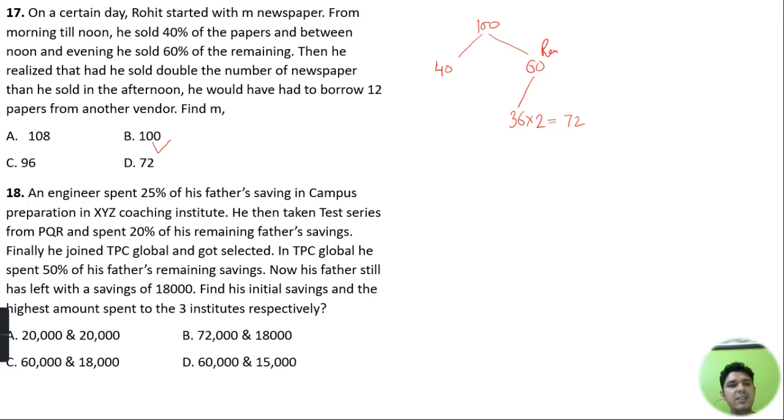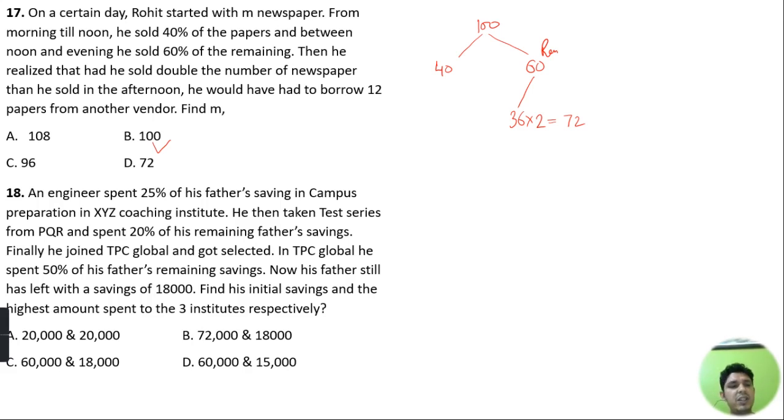The question is, an engineer spent 25% of his father's savings on campus preparation in XYZ coaching institute. He then took a test series from PQR and spent 20% of his father's remaining savings. Finally, he joined TPC Global and got selected.